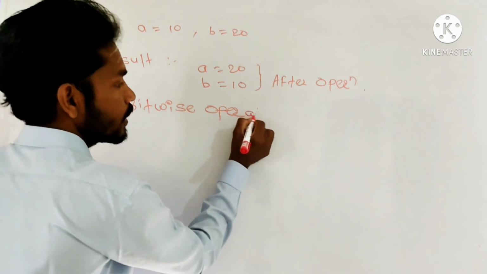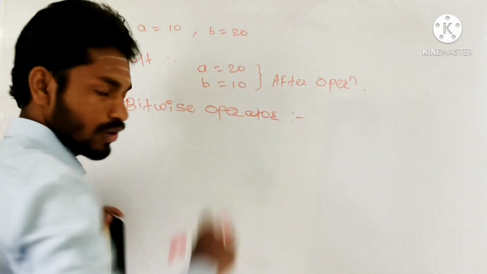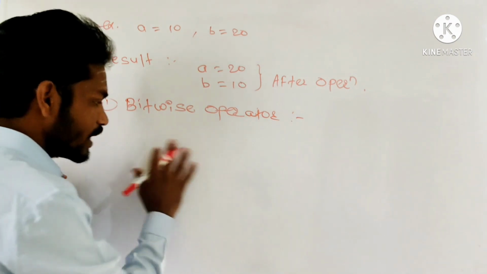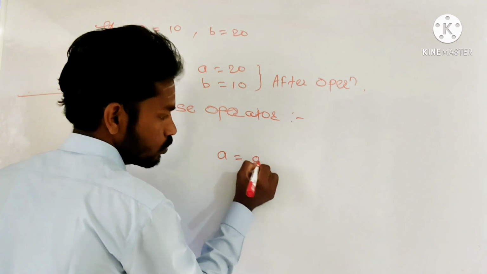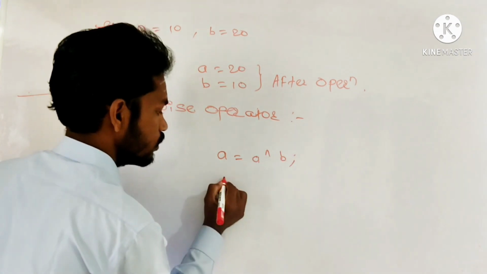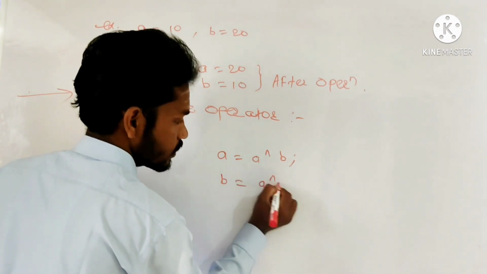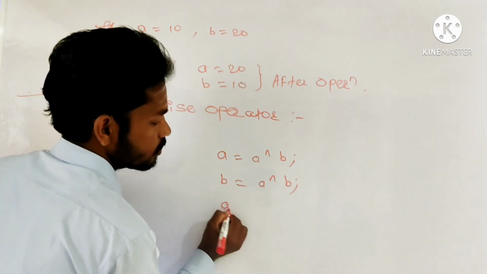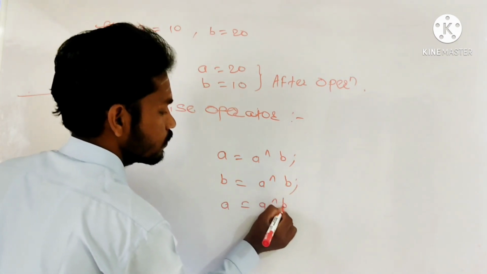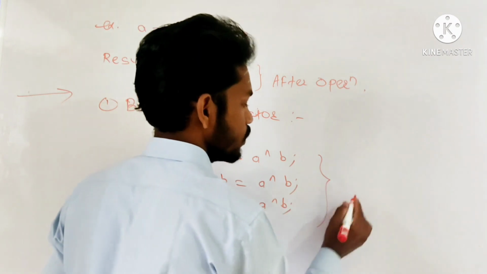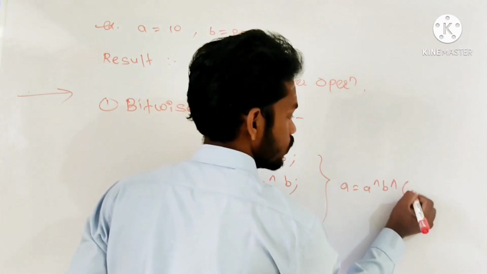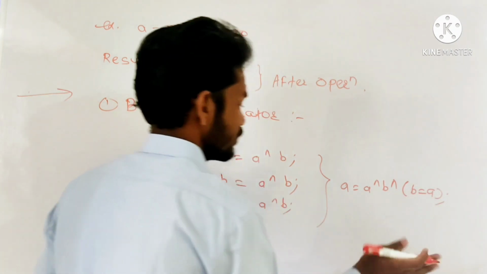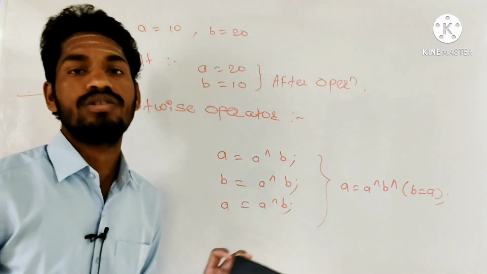You have to use the XOR operator: a is equal to a XOR b, b equal to a XOR b, a equal to a XOR b. Or you can go for the simple one-line expression: a is equal to a XOR b XOR b equal to a. This will also give the solution.